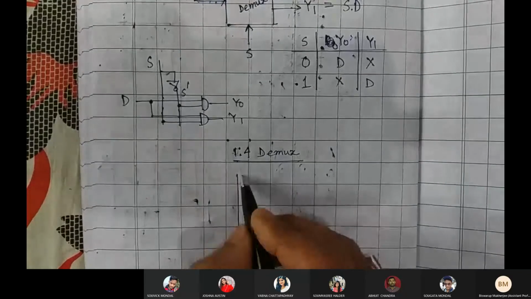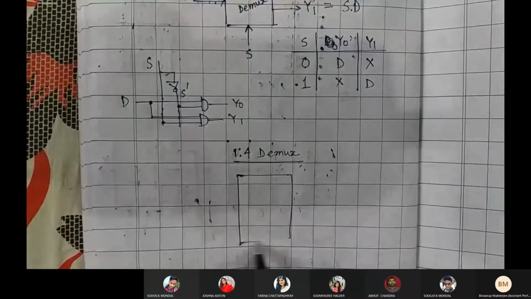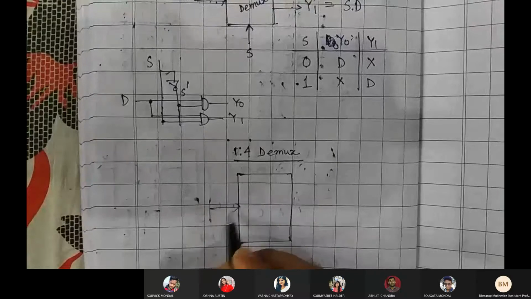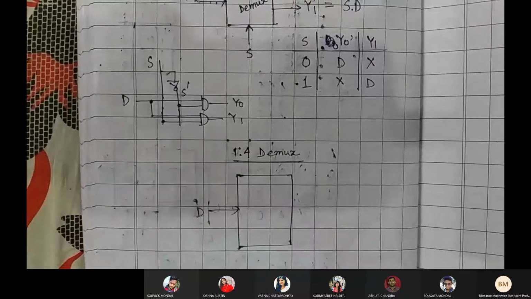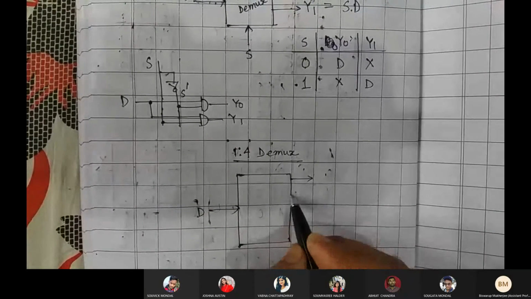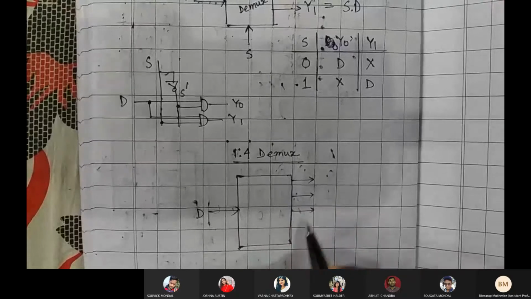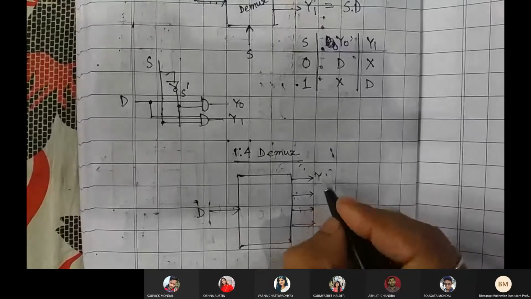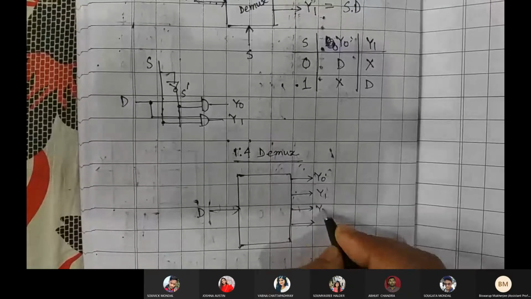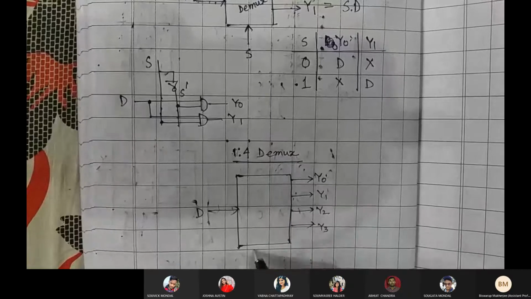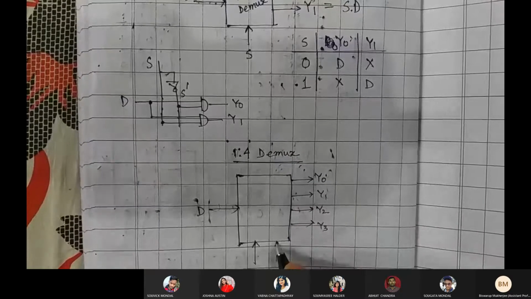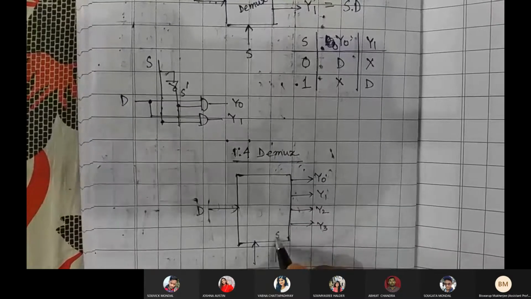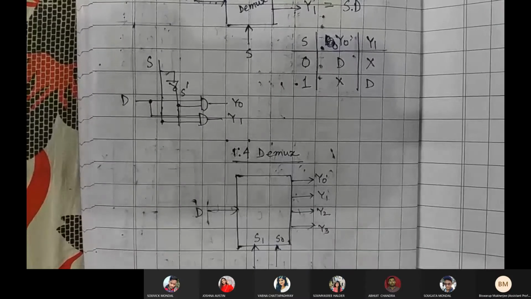or demultiplexer. Okay. Obviously, here also we'll be having one input only as D, and 4 outputs Y0, Y1, Y2, Y3. 2 select lines should be there as S0, S1, right?